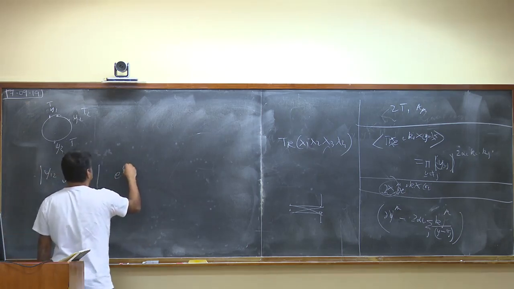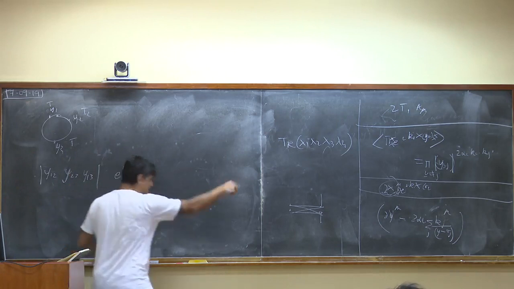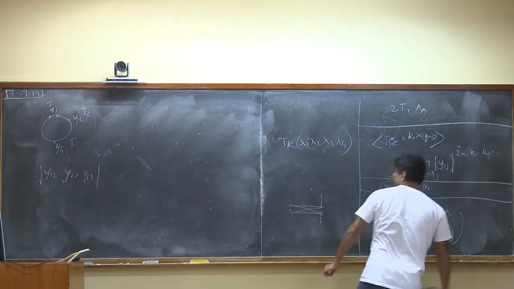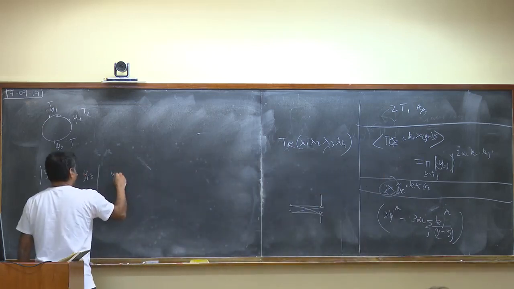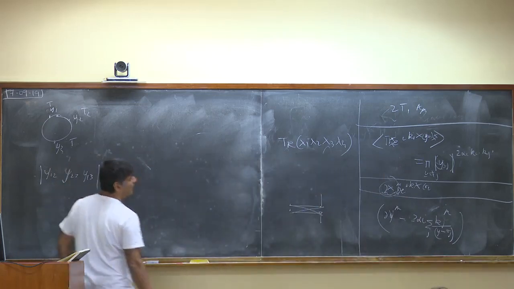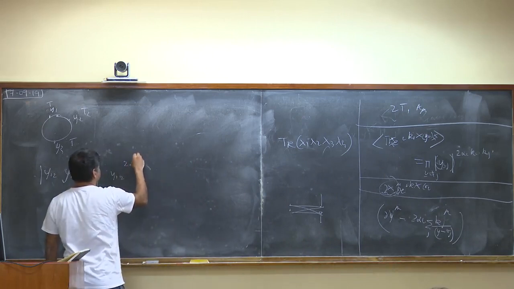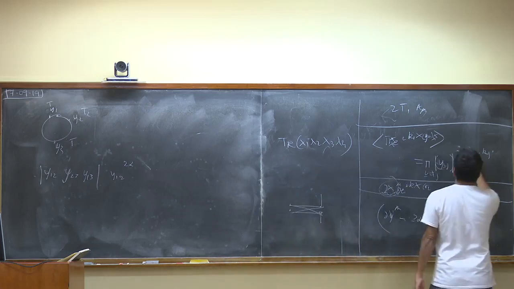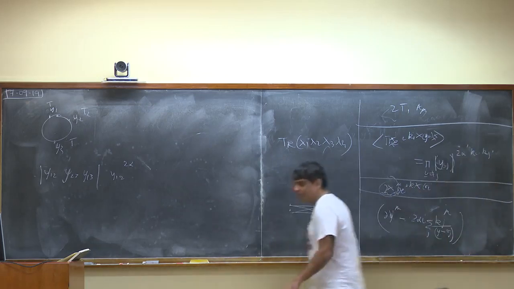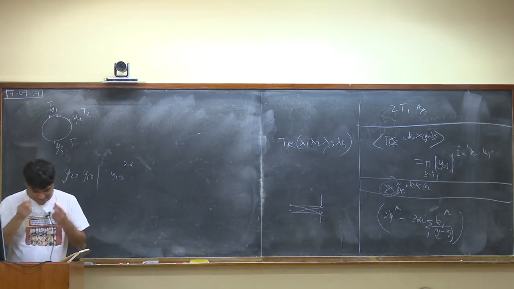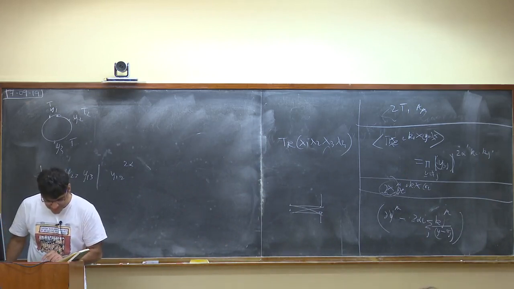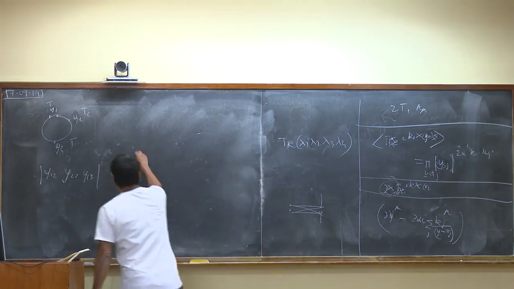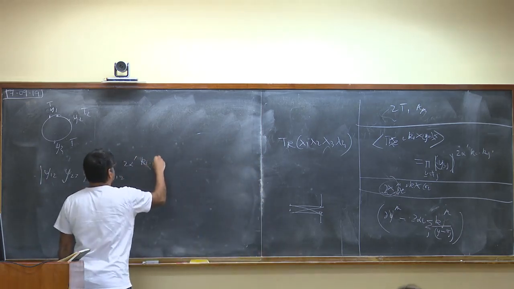And then we get an e to the power i. Then from this rule here, we get y12 to the power 2 alpha prime k1 dot k2, not an alpha, an alpha prime.